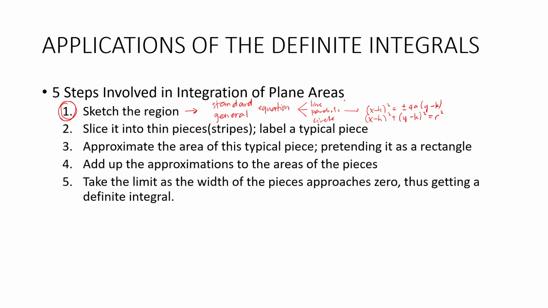For the line, there are many formats: slope-intercept form, then the general form, ax plus by plus c equals 0, and also the two-point slope form.